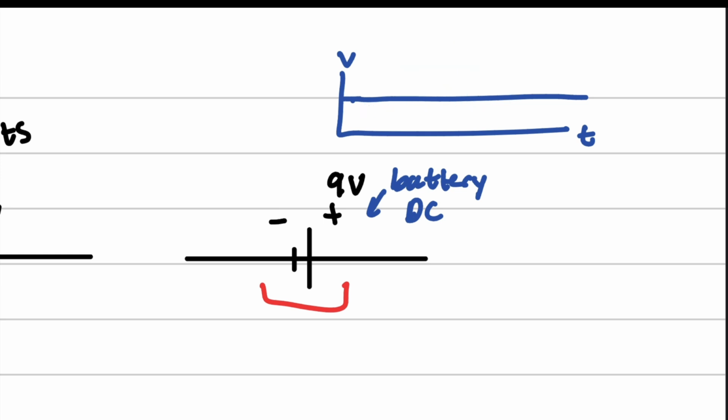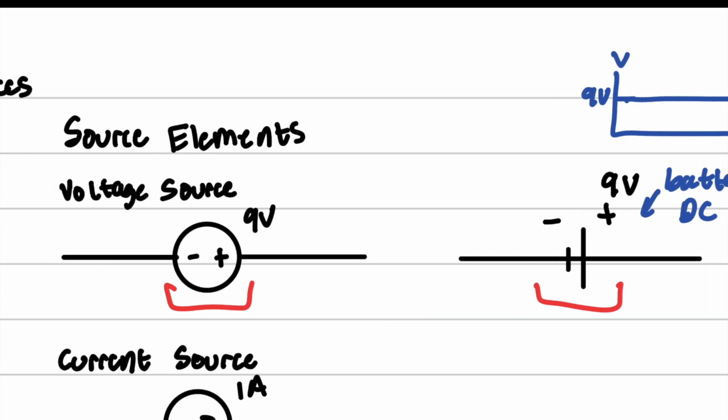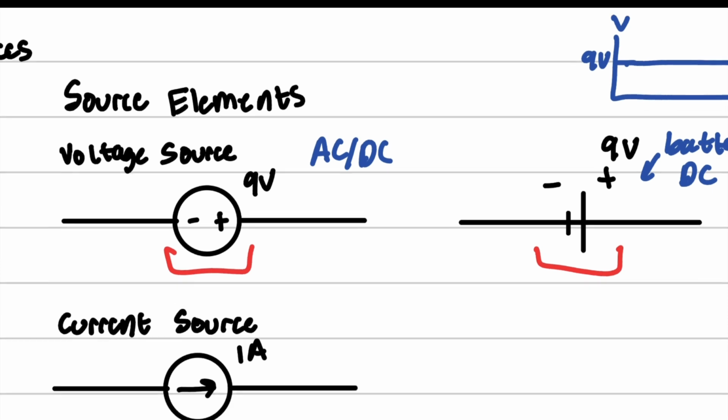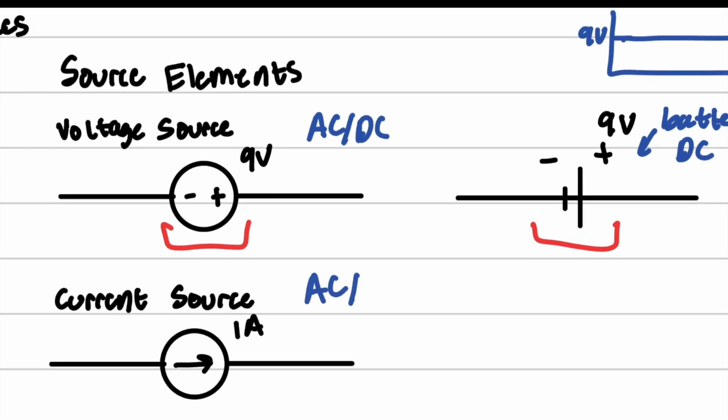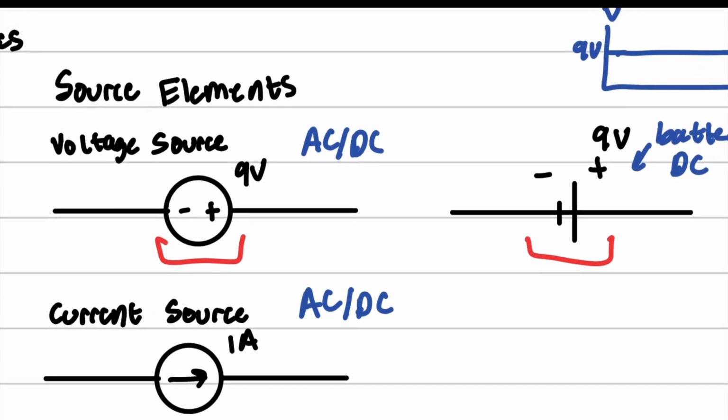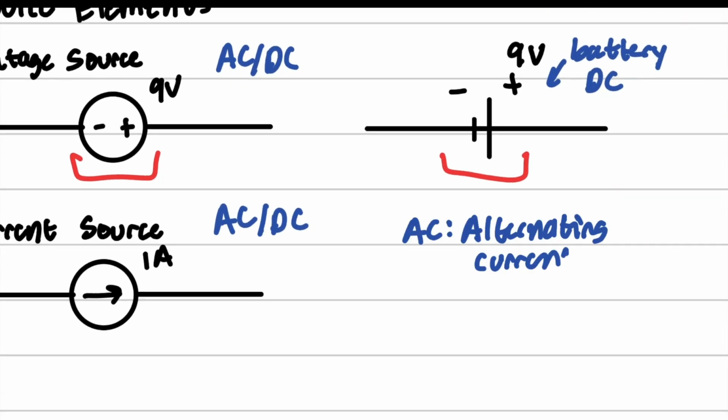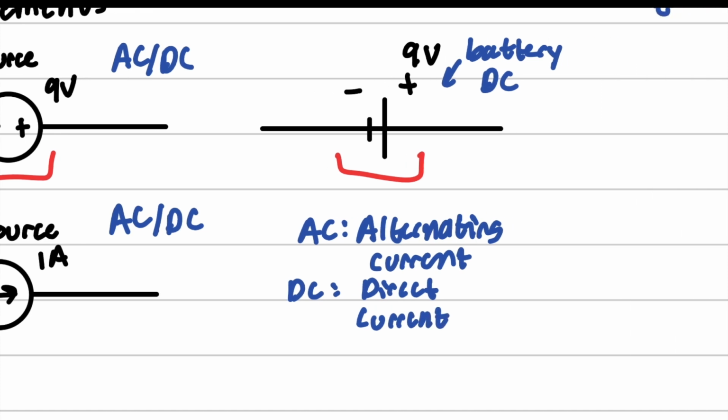So you have some constant voltage V. In this case, it's just 9 volts, and that's what this represents. Now, the circle can be AC or DC, and same for the current source right here. AC stands for alternating current, and DC stands for direct current. There's no frequency associated with the direct current because it's just a straight line.